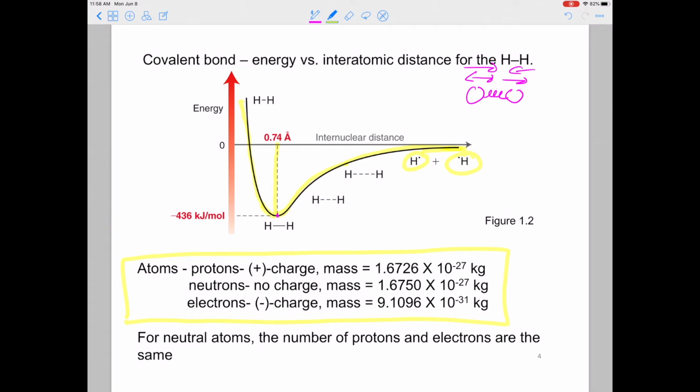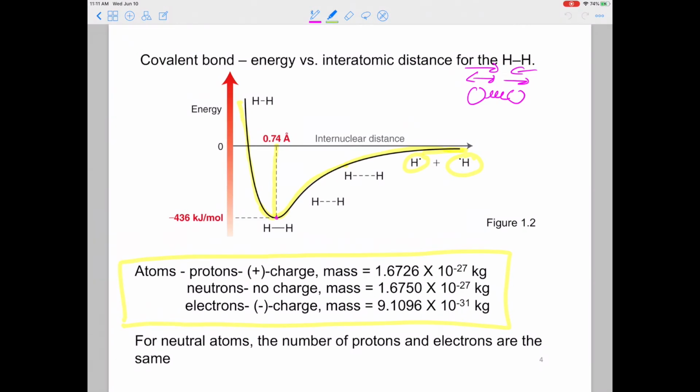We also have the mass of each of these particles, and the important thing to note here is that electrons are about 5,000 times lighter than protons and neutrons. So the mass of an atom, and consequently a molecule, is largely due to the protons and the neutrons in the nuclei. Now the electrons circle the nuclei, and while they have a negligible mass, the electron clouds around the nuclei actually make up most of the volume of an atom or a molecule.